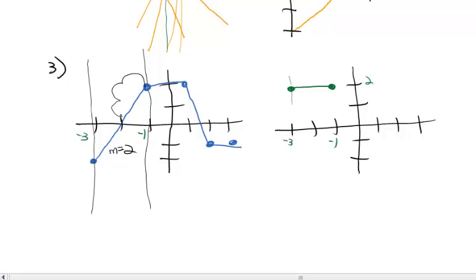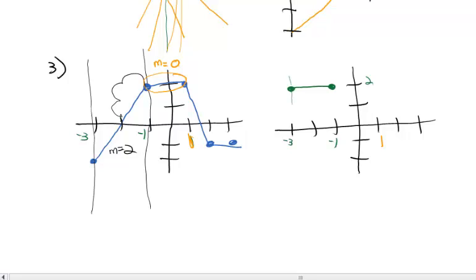Then the next part of the graph goes between -1 and 1. Let's do this in a different color. Between -1 and 1, what's the slope of this piece? It's completely flat. It has a rise of 0 and a run of 2. The slope here is 0.